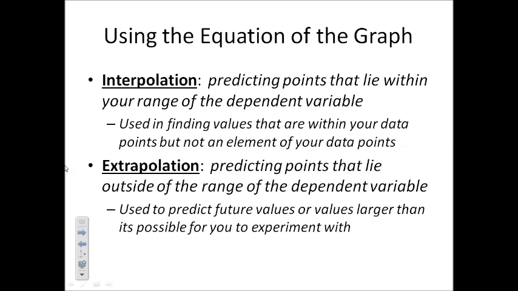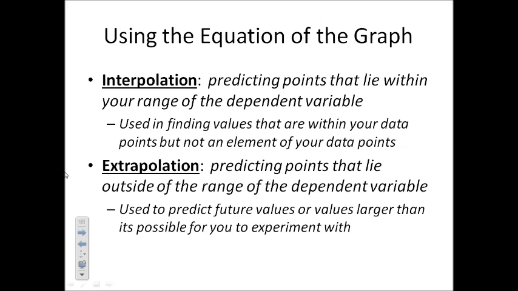So also, once we get these equations, we can use them. So we can start plugging in values that maybe we didn't use in our experiment. So if we use a value that's within our range for our dependent variable or independent variable, then we're interpolating data. So this is picking a number that's within the numbers that we were using.